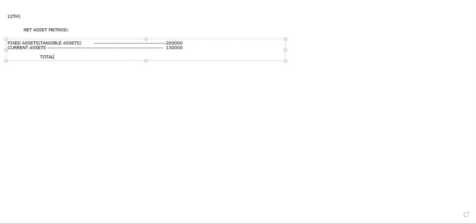So total of assets will be 3,30,000, right? Preliminary we are going to avoid it, no? So that's why it will be 3,30,000. Sorry, in this one more thing we will add. Sorry, what is that we are going to add? I'll tell you.